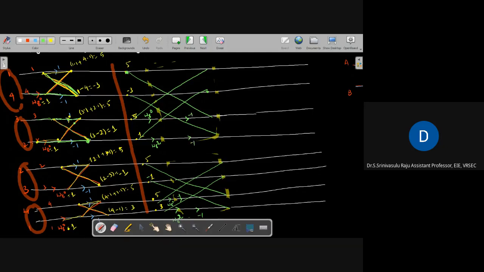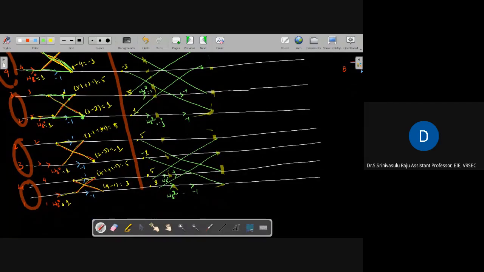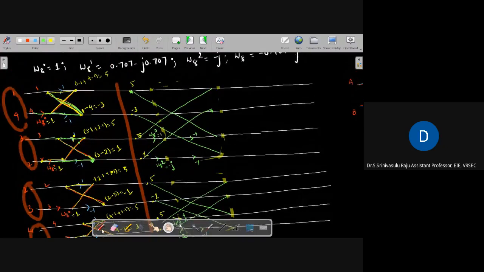Now we know this value is 1 and this value is -j. This is -j and here the value is 1. This value is 1.